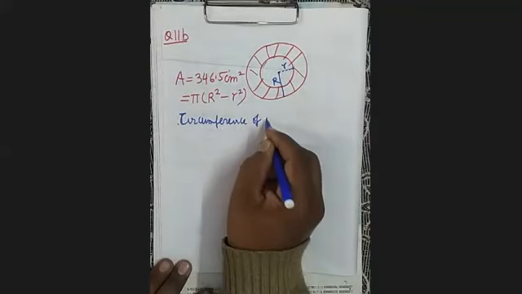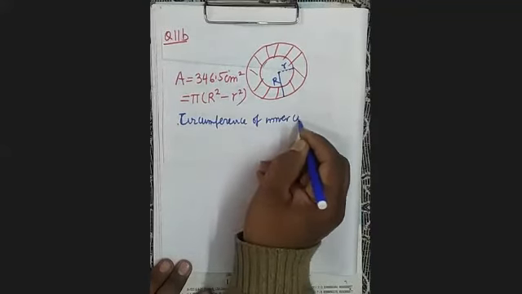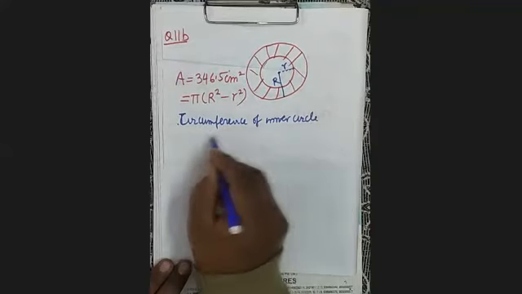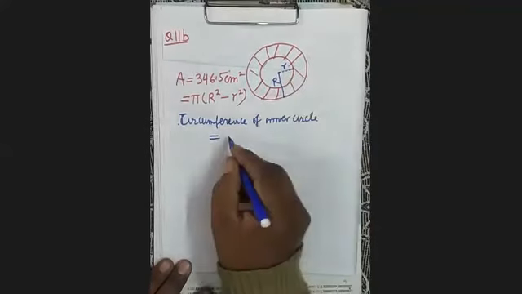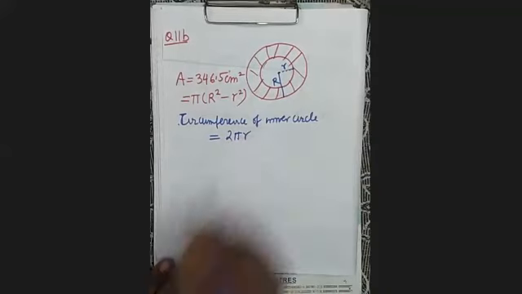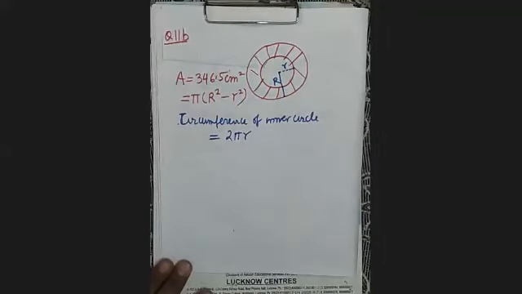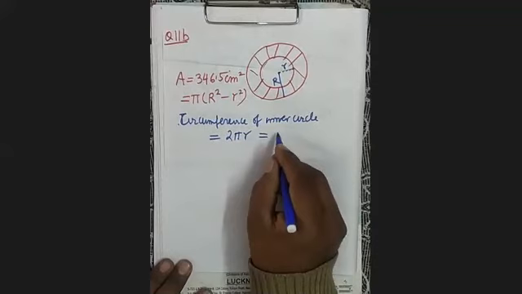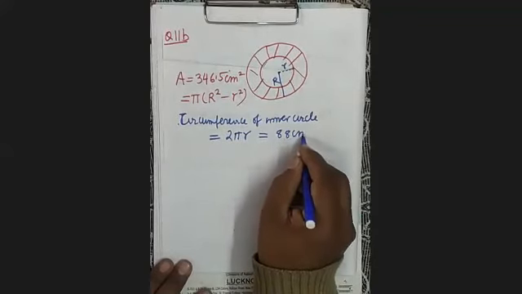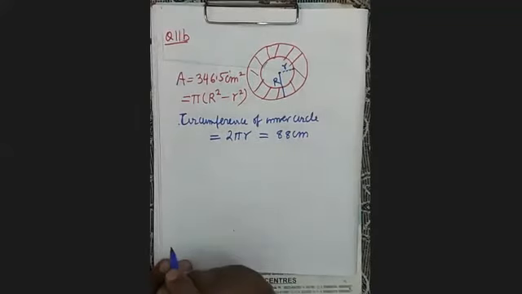So see here, what will be the formula of circumference of inner circle? 2 pi into small r. It is given how much? 88. So from here you will get the value of small r.